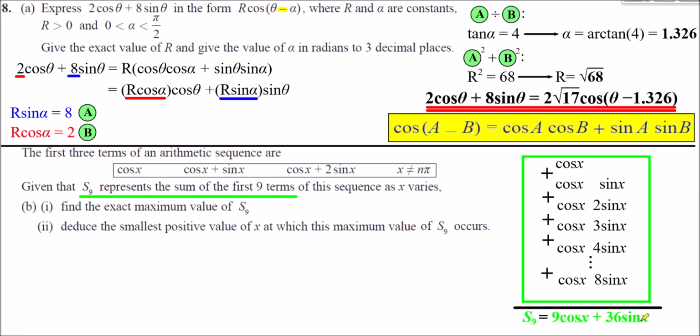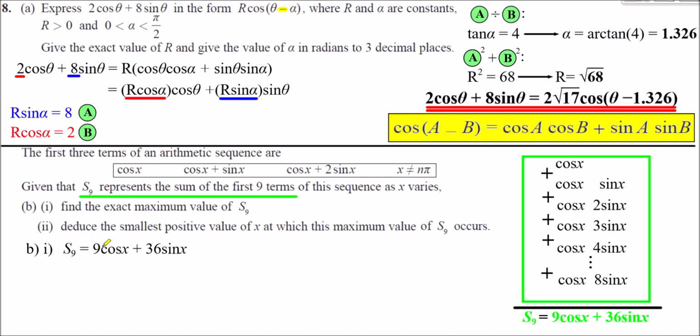How does this link to part A? Well, the coefficient of sine is 4 times bigger than the coefficient of cosine, exactly what we had here. So my suggestion would be to factorize out, manipulating it so that this is some multiple of part A. So S9 is 9 cosine x's plus 36 sine x's.